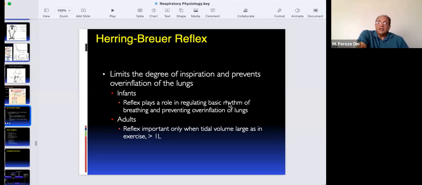So when the lungs are getting inflated during inspiration, that gives the information to the respiratory control center that the lungs are indeed getting full. This allows, at a certain point, the inspiratory impulses to get cut off. So although we are not very sure what role it plays in the adult, it certainly helps prevent over inflation of lungs. Yeah.